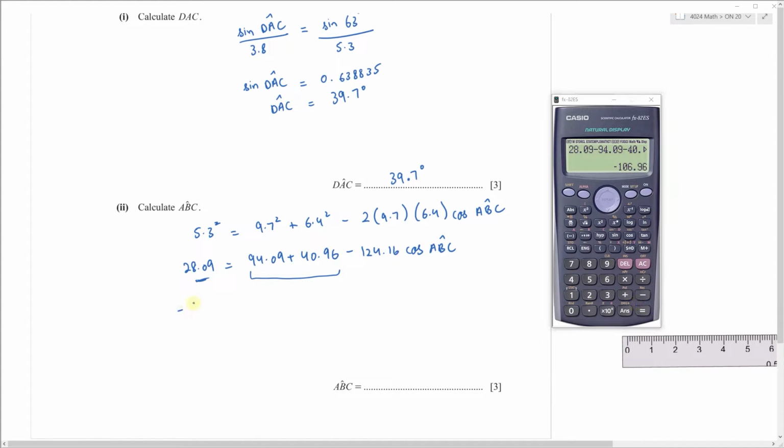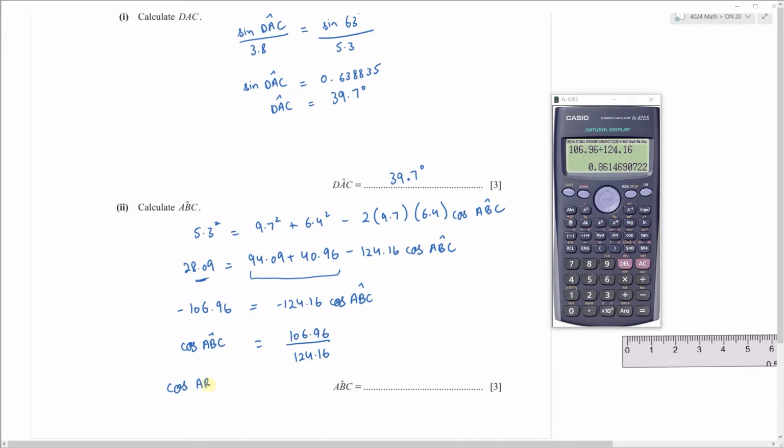So this is minus 106.96 equals minus 124.16 cos of angle ABC. Minus and minus cancel out. So cos of ABC will be, I will take this to the denominator, so 106.96 divided by 124.16.